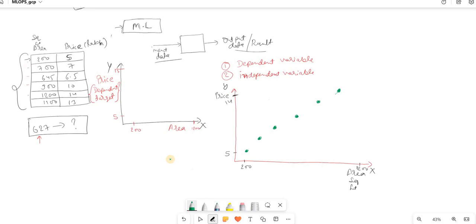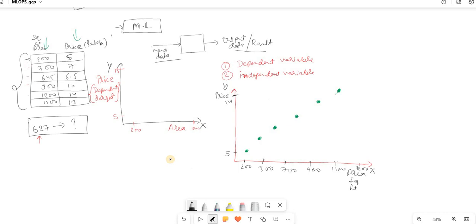So now we have the data points for all those square feet areas which we have, and their prices. Let's suppose this is 200, this is 500, this is 700, this is 900, this is 1100 and this is 1200.